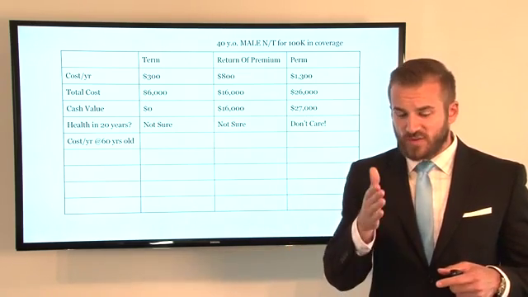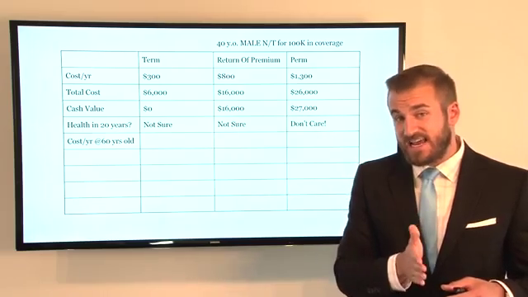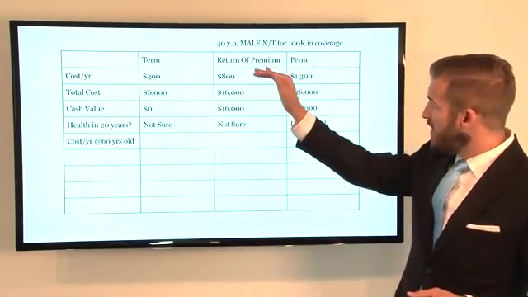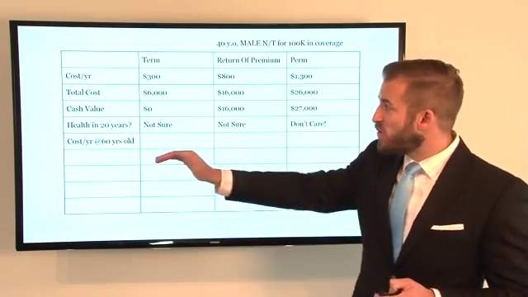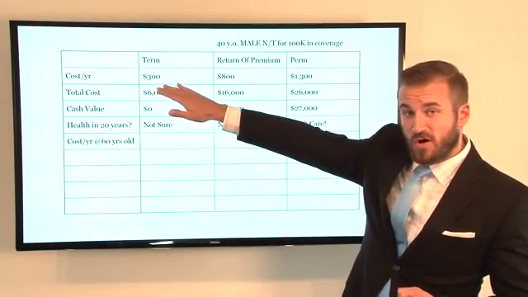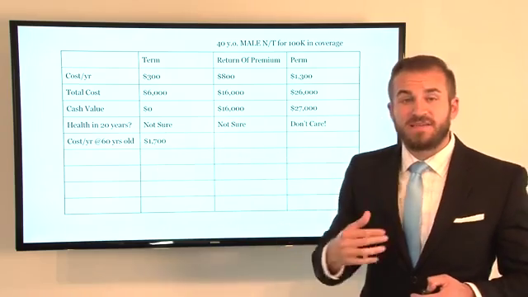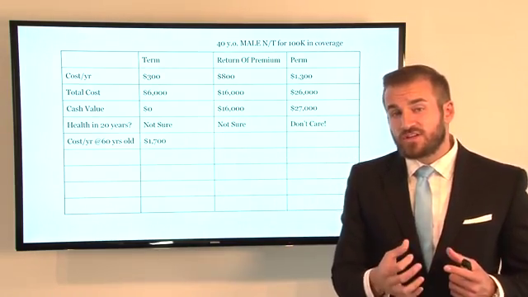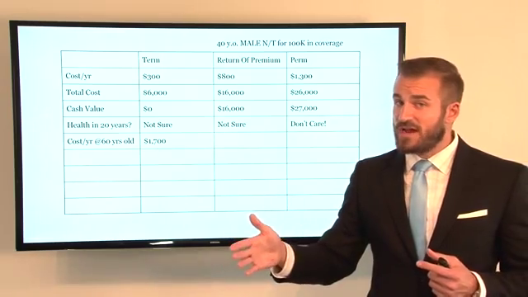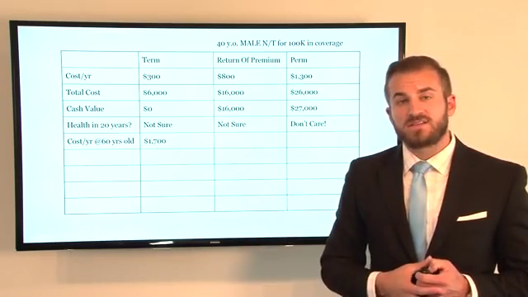All we can really do is look at exactly what the price is today for a 60-year-old male, non-tobacco, for $100,000 in coverage. Well, the fact is it's going to be much more expensive than that term policy. In fact, it will actually be $1,700 per year, roughly 5 times the original amount. Moving forward is what you would have to pay for the next 20 years.